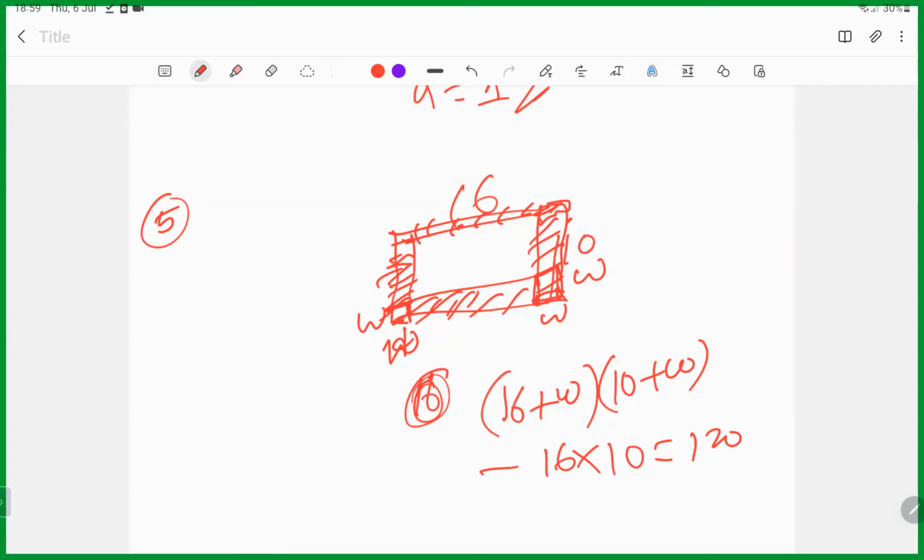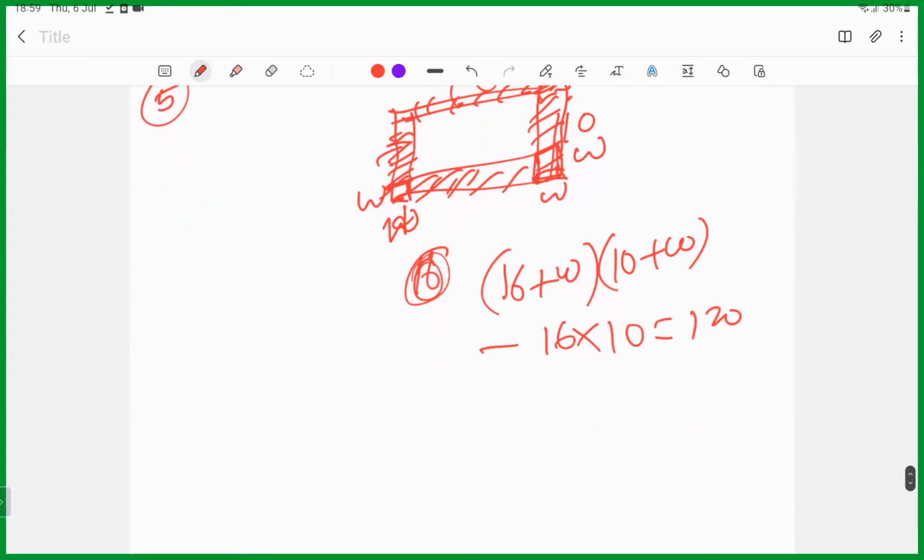Understood? You need to subtract the actual rectangular area to get the area of the path. Once you solve the equation, you will get the W value.